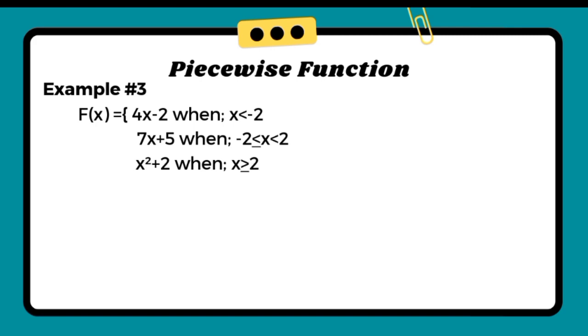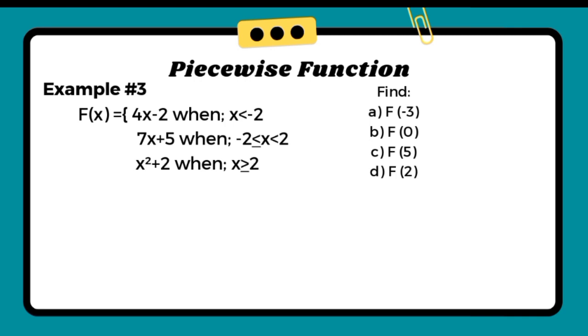Next naman po is x squared plus 2 when x is greater than or equal to 2. So, let's find: letter A, f of negative 3. Letter B, f of 0. And letter C, f of 5. And letter D, f of 2.